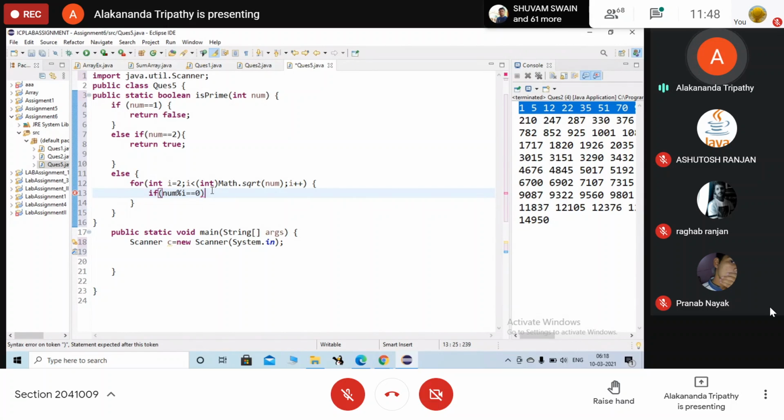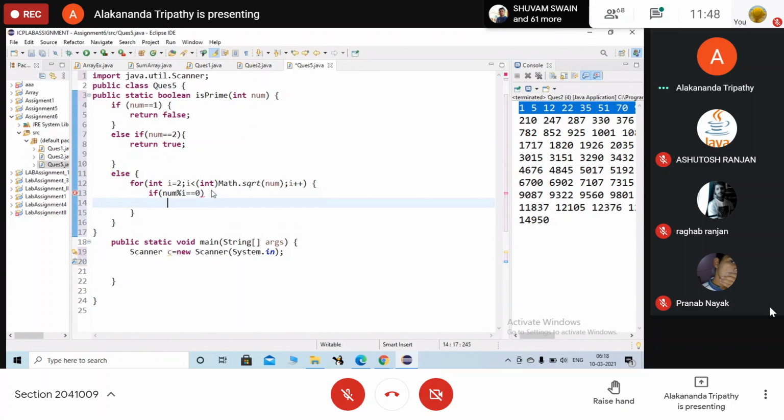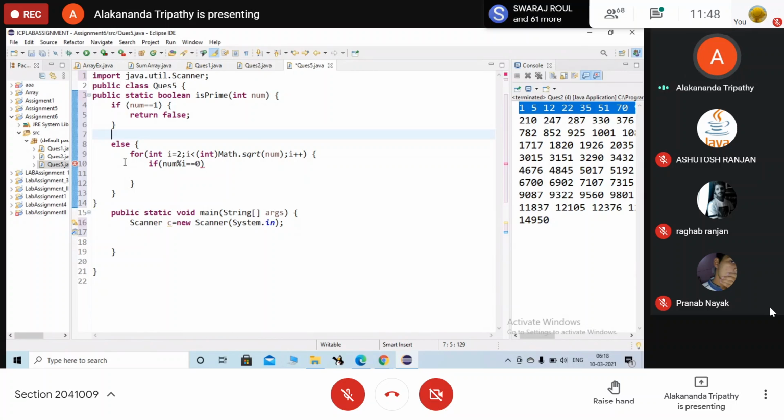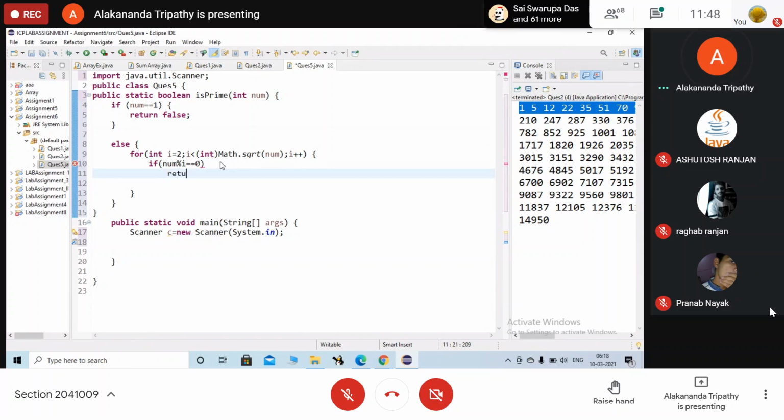Then return यहाँ पर क्या करेंगे हम लोग? We don't need this one. दूसरी शुरू करो. I देखते हैं. Okay. So if number is equals to 0, then return false. Otherwise return क्या होगा?